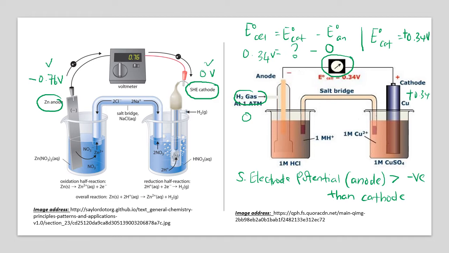So from here, a very simple conclusion: the electrode potential for SHE is always equal to 0. And then the electrode potential which is more negative will always act as the anode.